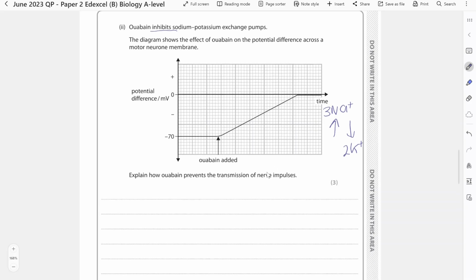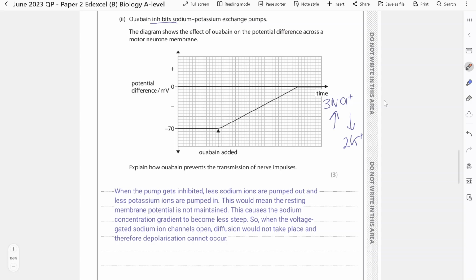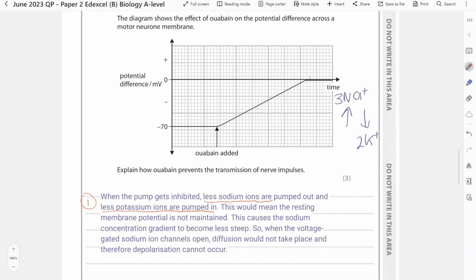So this is what I would write in the text. All right, so this is what I would write. When the pump gets inhibited, you would have less sodium ions that are pumped out and less potassium ions that are pumped in. So that would be 1 mark. Let me just zoom in a little bit. Okay. So for the second mark, you would say that the resting membrane potential is not maintained, right?